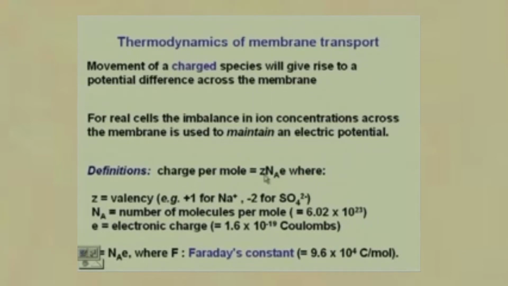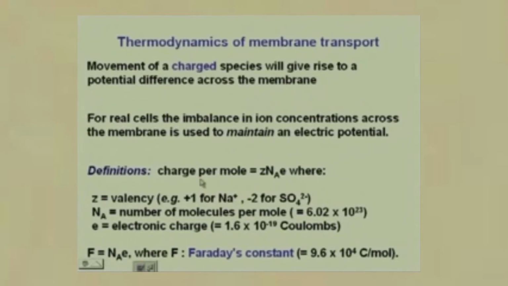You have a Z. What is Z? Z is the valency. You have Na, which is Avogadro's number, and you have e, which is the electronic charge. Okay? And we have this F. What is F? F is Faraday's constant, that is Avogadro's number times the electronic charge.